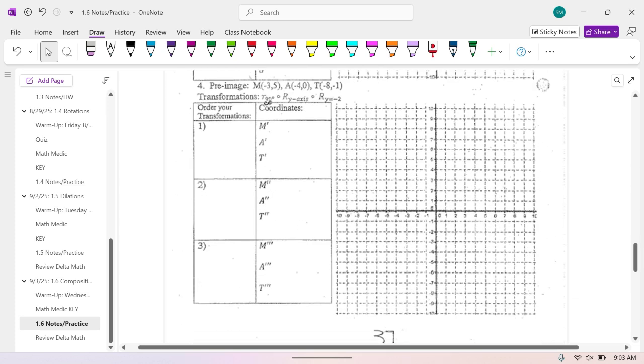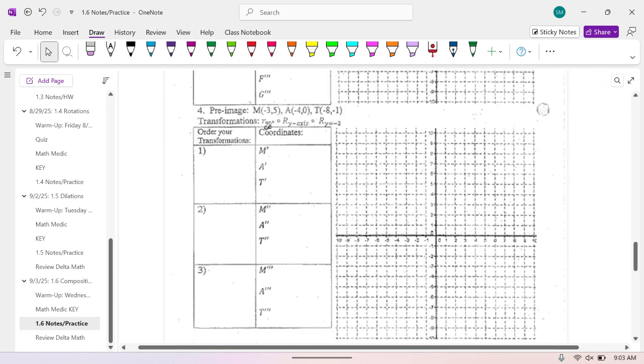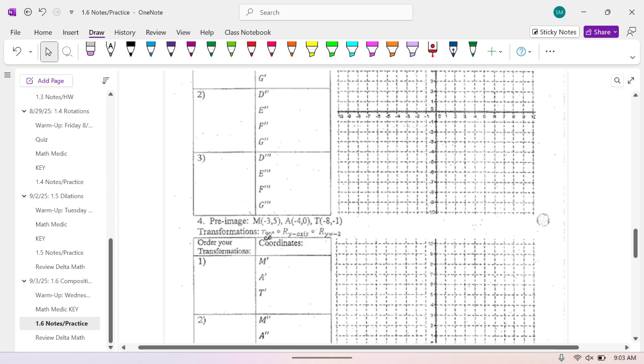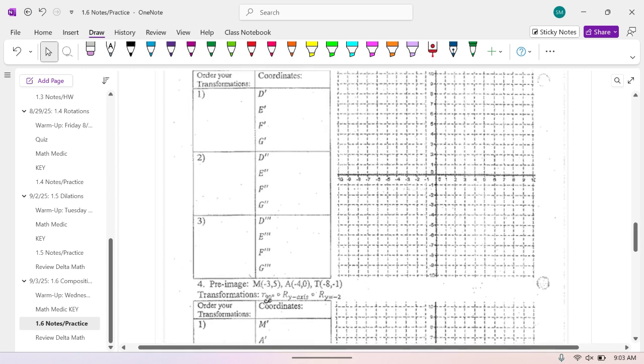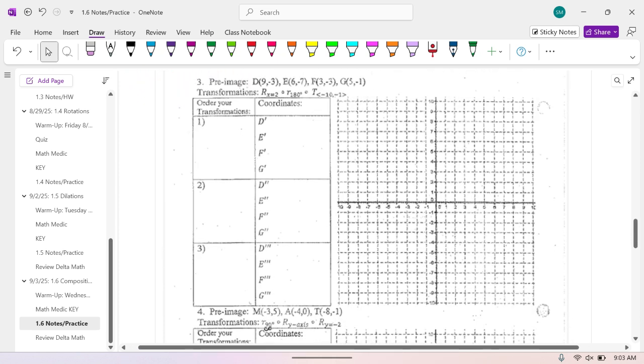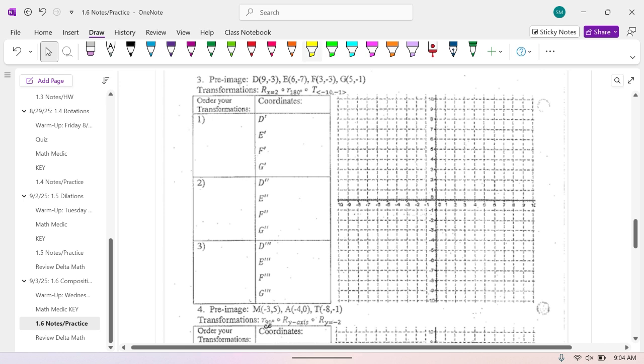So I'm going to leave the last 2 pages for you guys for homework. But I am going to at least help you out with figuring out what the transformations are, just to kind of review the notation. So for number 3, your first transformation will be what?